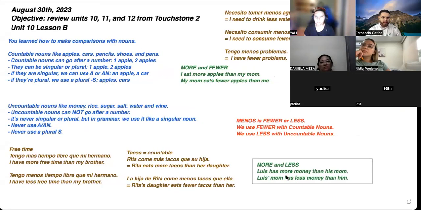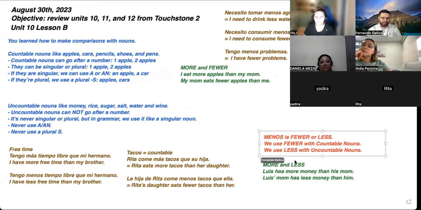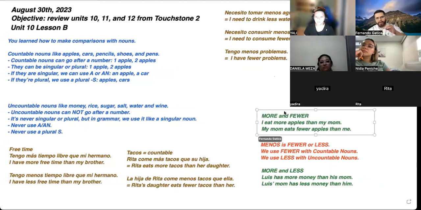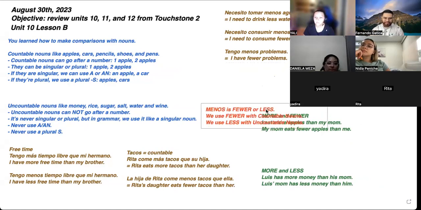Yeah, you can use more. I have more problems. No es necesario compararlo con alguien más. Puedes compararte contigo mismo del pasado, no sé. I have fewer problems now. Yeah, pero el more no es el problema. El more, pues, more para todo. Okay. Problem is fewer and less. That's the problem.